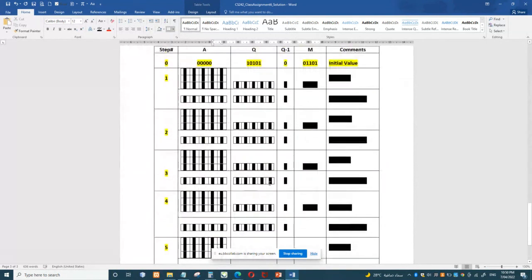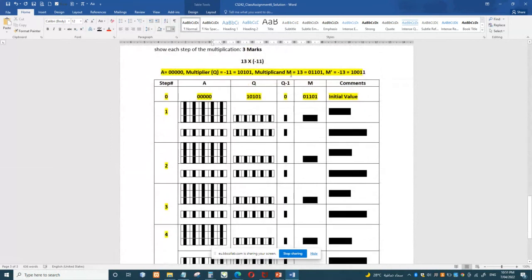You can see that there are a total of 5 iterations because our multiplicand is 5 bits and our multiplier is 5 bits.